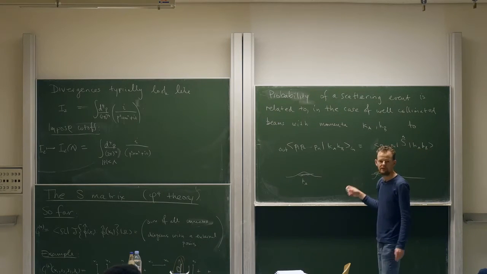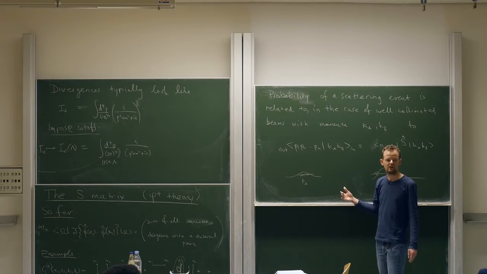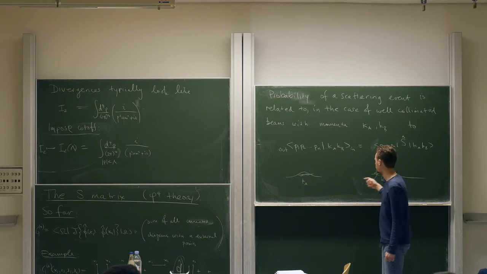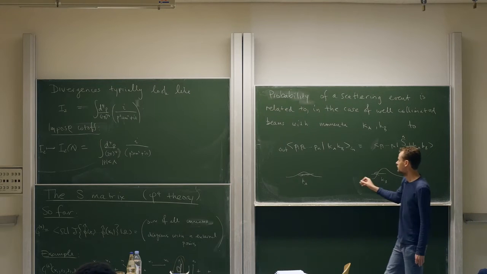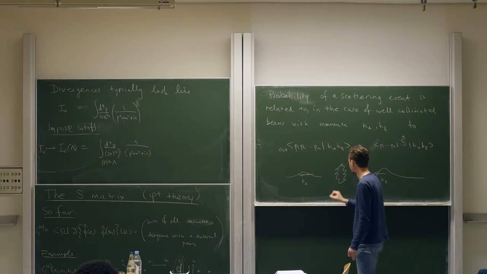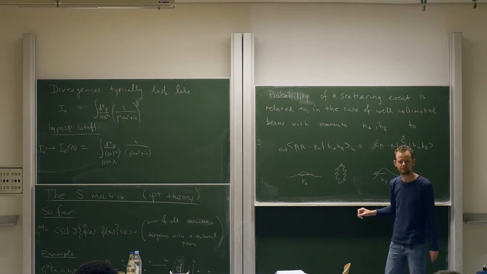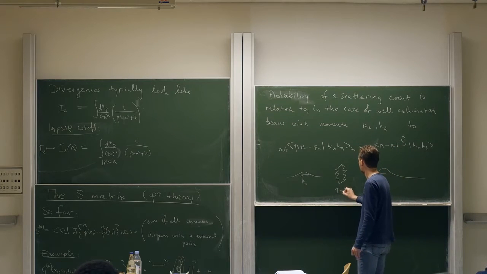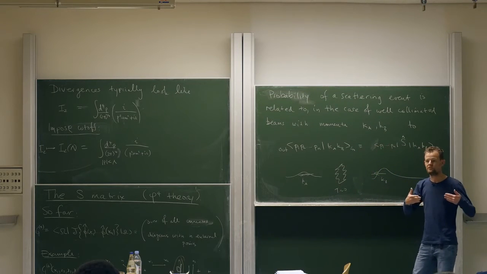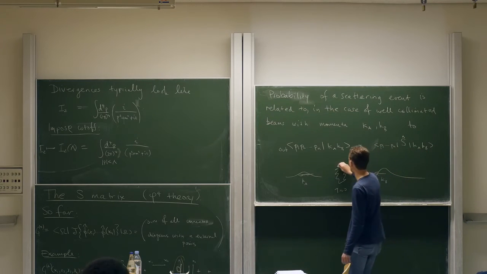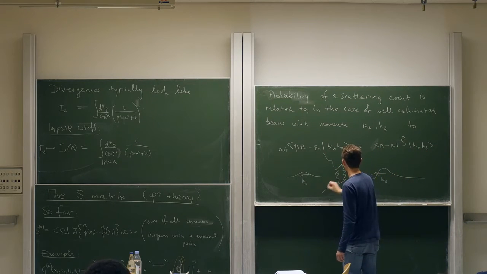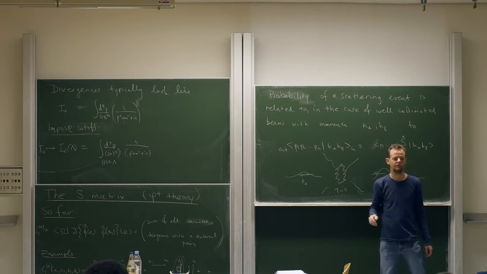These particles come in, and at large times in the past, when time is minus infinity, these particles are well separated and well described by the non-interacting theory. Then for a short intermediate time around time zero, there's a scattering event where these two beams of particles collide, and then there is debris flying off in various directions.